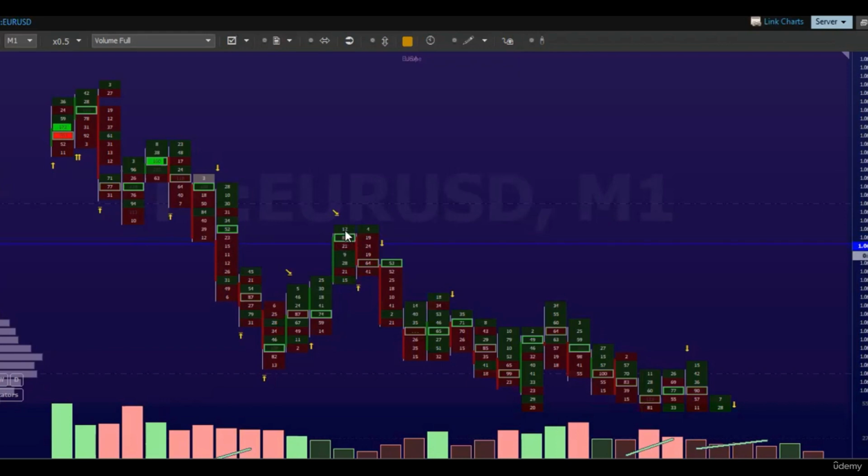Now when the market falls down again, previously there was pressure from the seller side and it's a downtrend market. Now the market creates another candlestick with high volume exactly at the stop point, but because of the downtrend market, this type of situation also continues the market in the same direction.